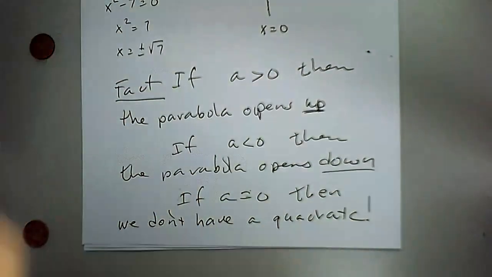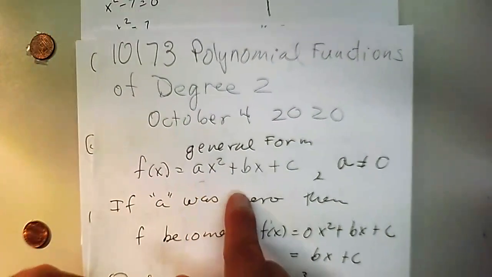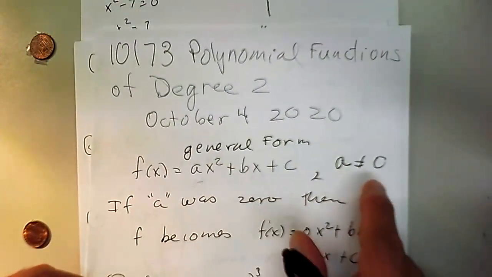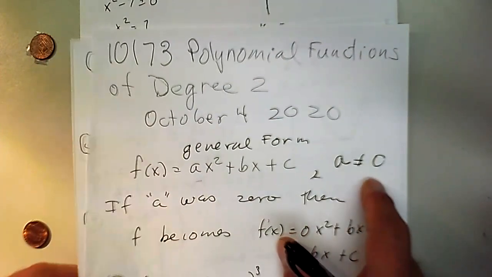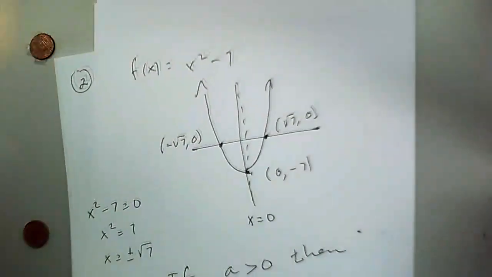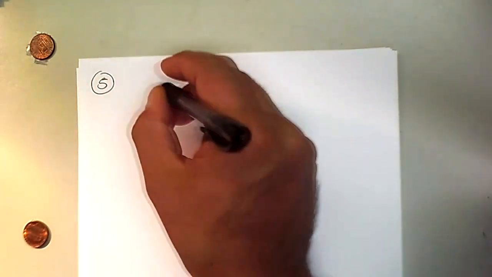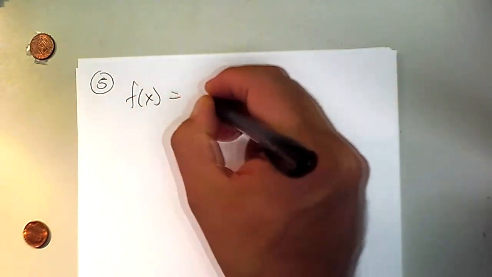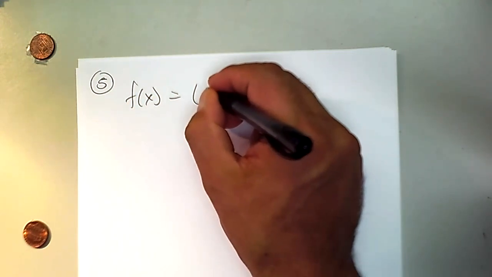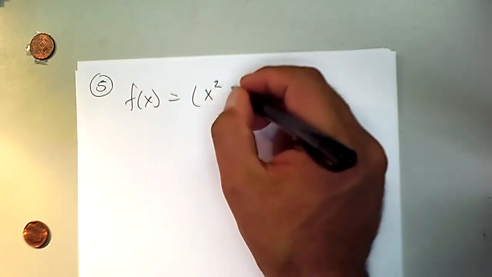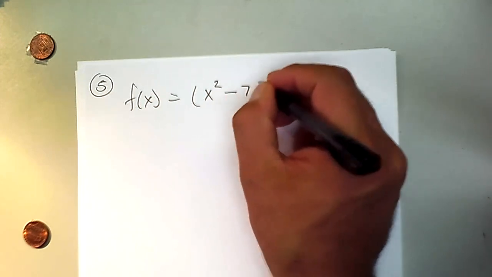Remember what we said earlier, we have to have that a is not equal to 0. Otherwise, we don't have a quadratic function. We have some other function, perhaps linear. We don't know. We have to look at the function itself and see what it is. Okay. So if we have, as an example 5, f of x equals quantity x squared minus 7.